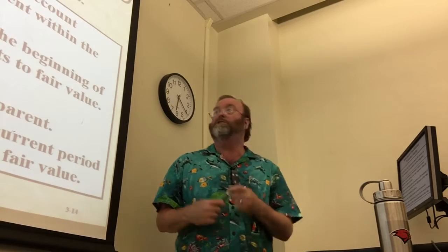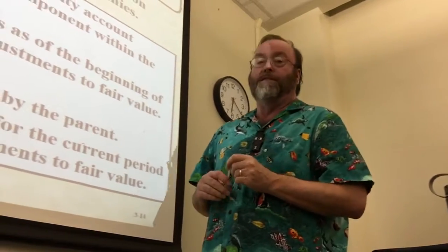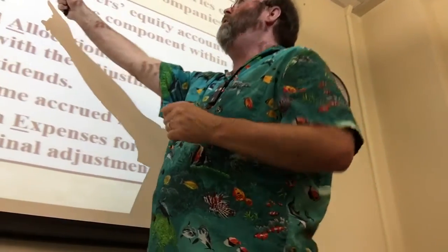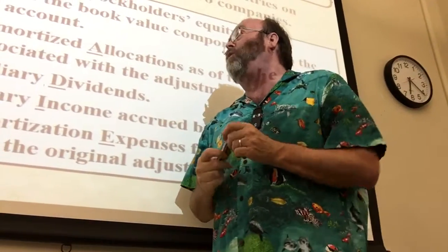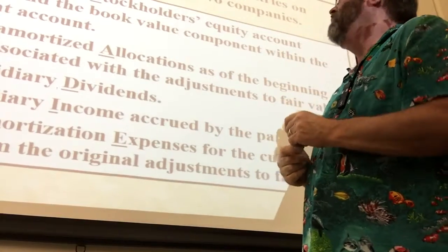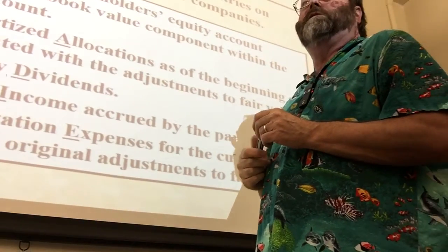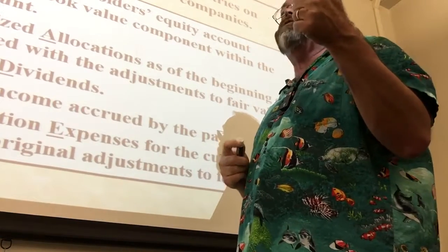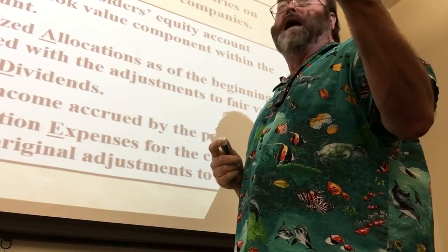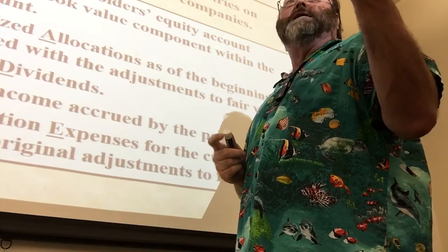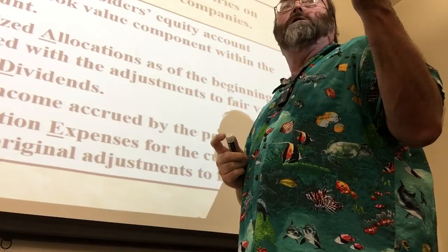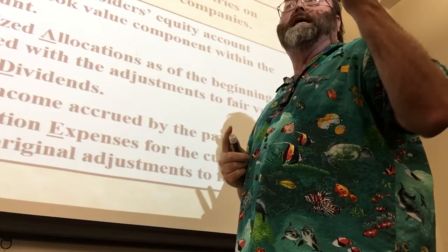All right. Here are the SADI entries again. The S entry is to eliminate all of the subsidiary's stockholders' equity. So beginning retained earnings, common stock, paid-in capital in excess of par. Those three accounts.